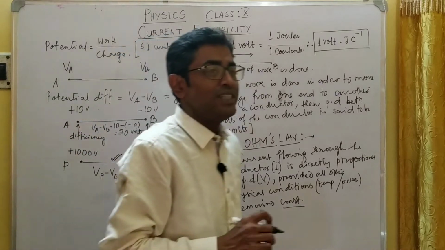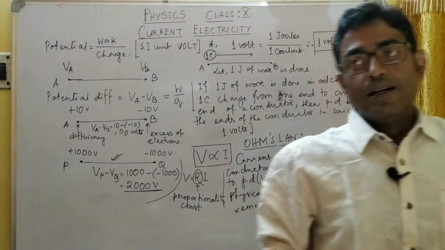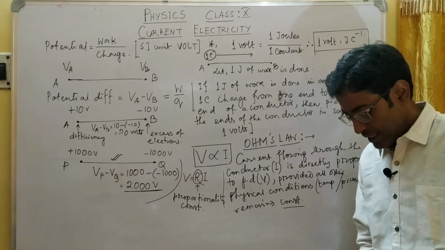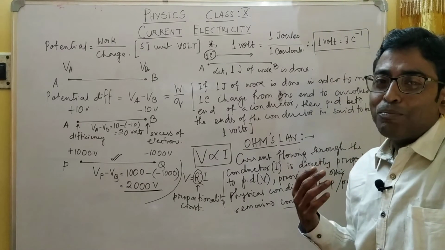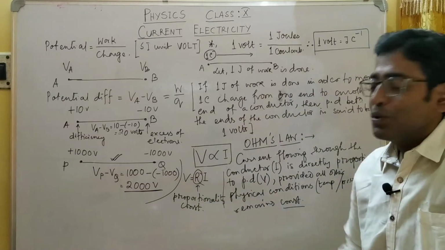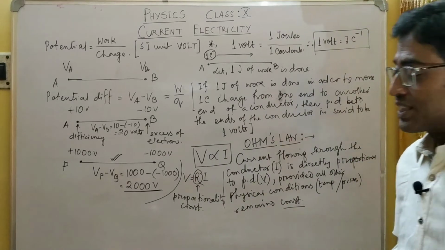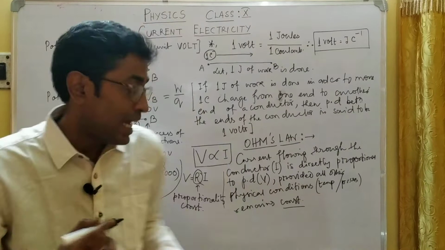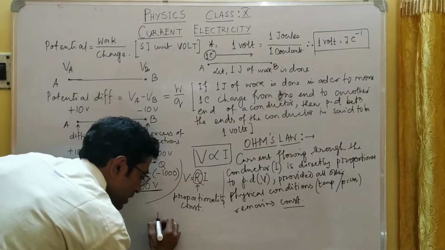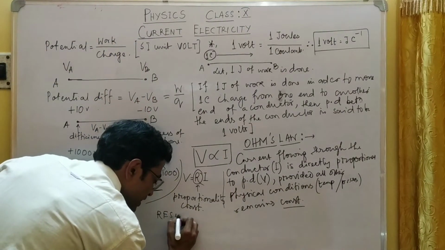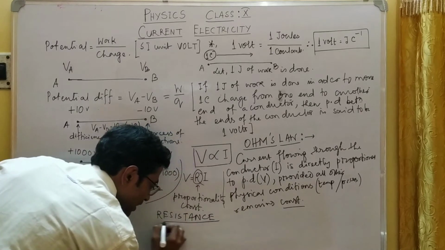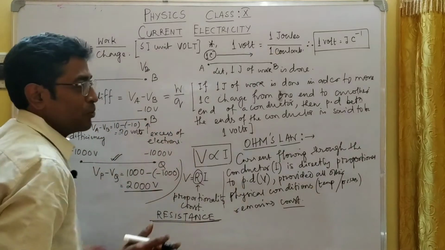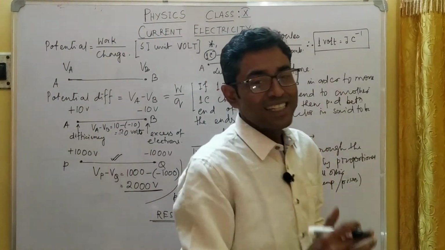Every time, remember in physics, whenever a scientist invented something, they give some names to them. That name is given by that scientist. So this proportionality constant is termed as resistance. Remember, this is called resistance of the conductor.